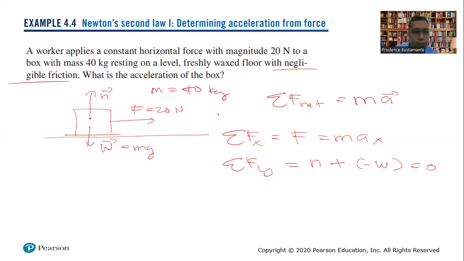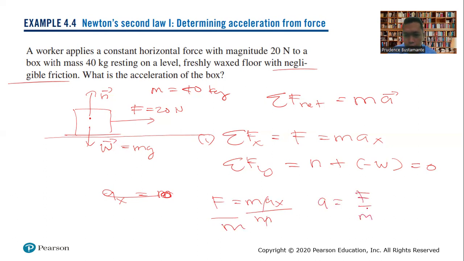So anong hinahanap natin? What is the acceleration? So the acceleration along x, from this equation 1, let's use force is equal to the mass times acceleration. Therefore, if you divide it by the mass, your acceleration is equal to the force divided by the mass.